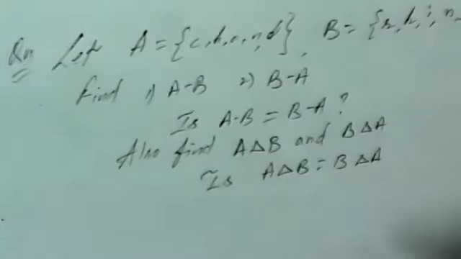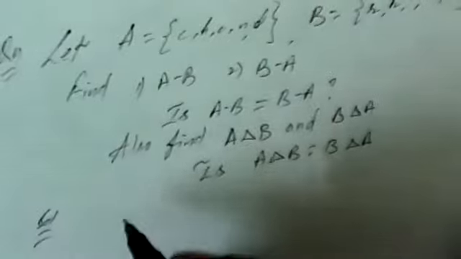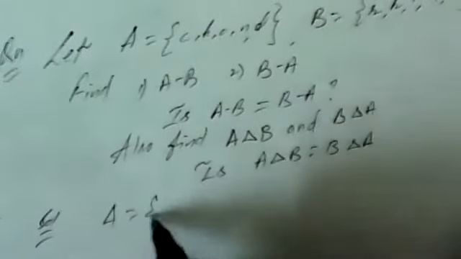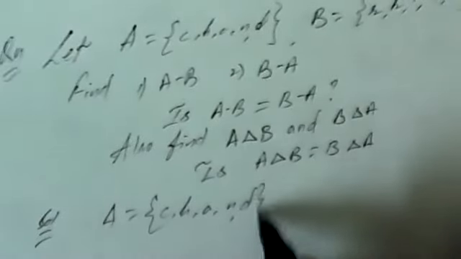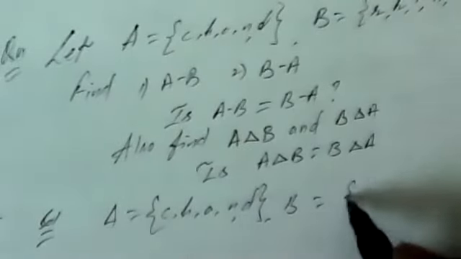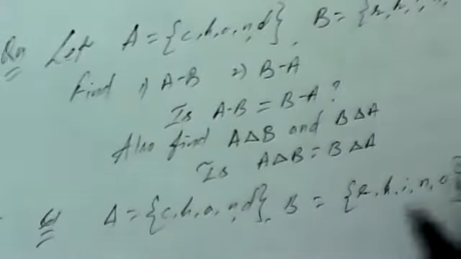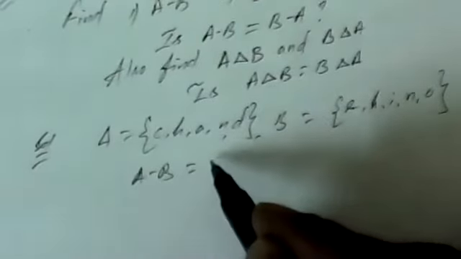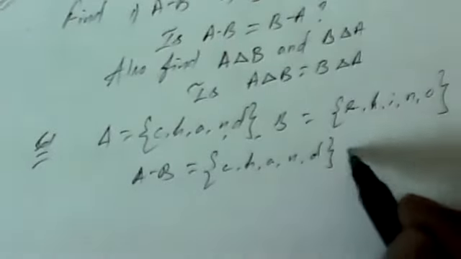Now in this, first find out A minus B. Solution, we will take. A is given as the elements C, H, A, and D. B is given as R, H, I, N, O. So let's find out A minus B. As per the definition or your process, let us write like this and check.